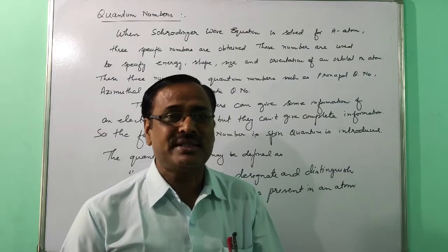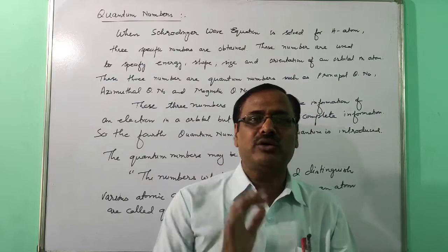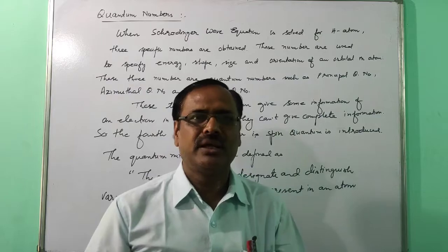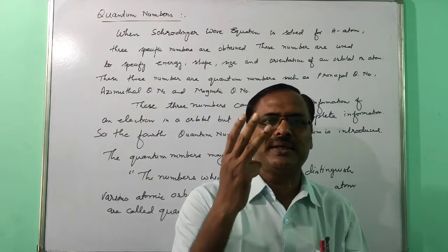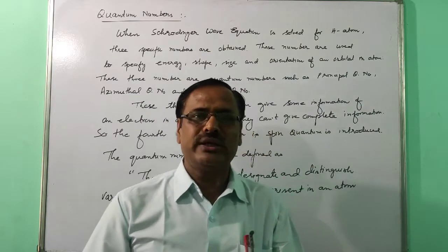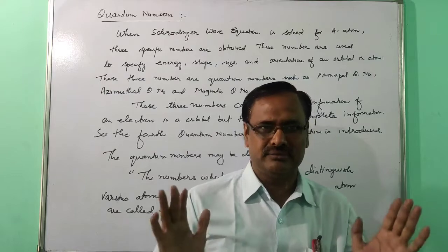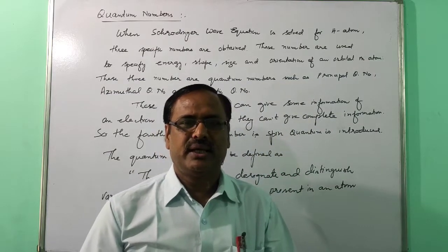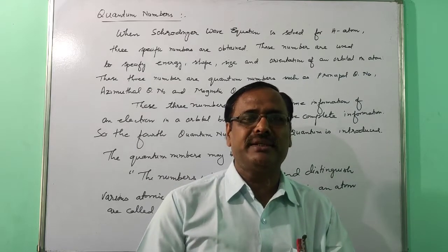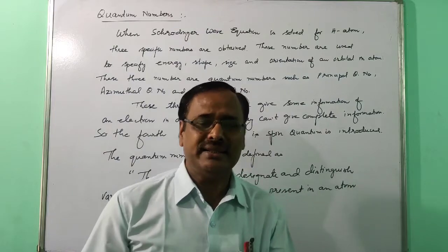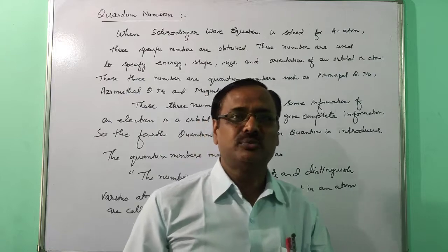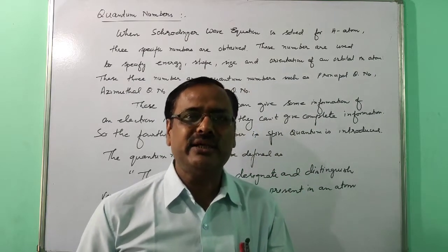When the Schrodinger wave equation is solved, three specific numbers are obtained, and with the help of these three numbers you can know about the energy, shape, size, and orientation of an orbital in the atom. But you cannot get the complete information of an electron. These three numbers are the principal quantum number, azimuthal quantum number, and magnetic quantum number.